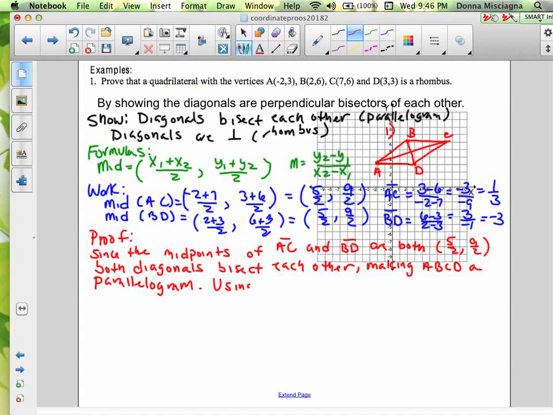Using the slope formula, the slope of AC equals 1/3, and the slope of BD equals -3.